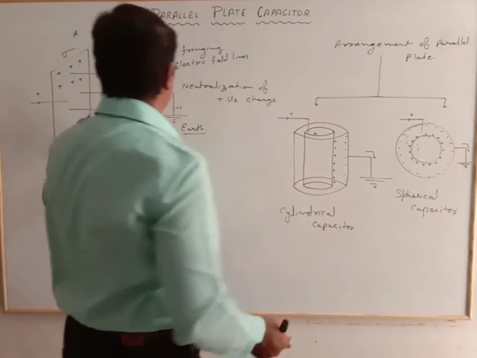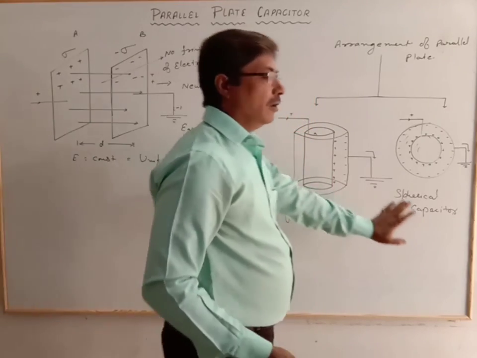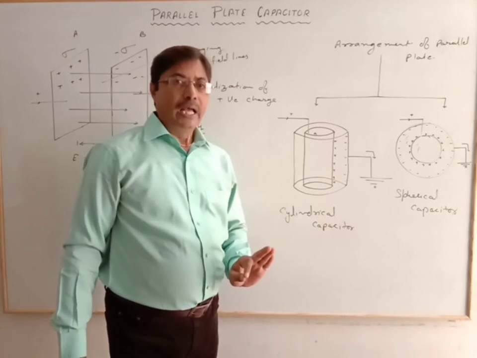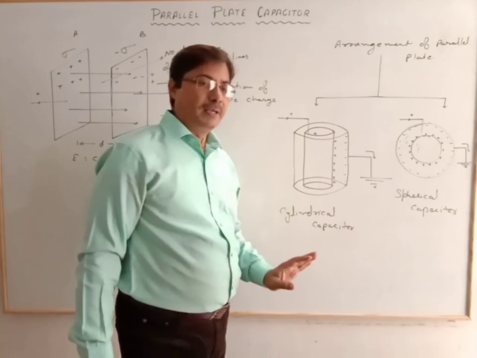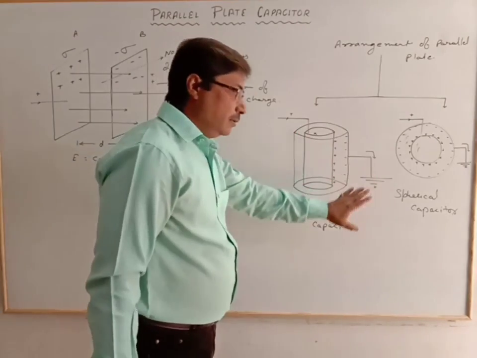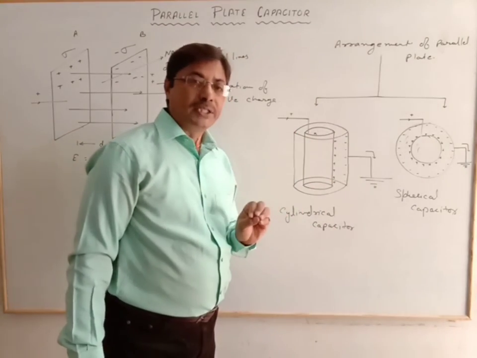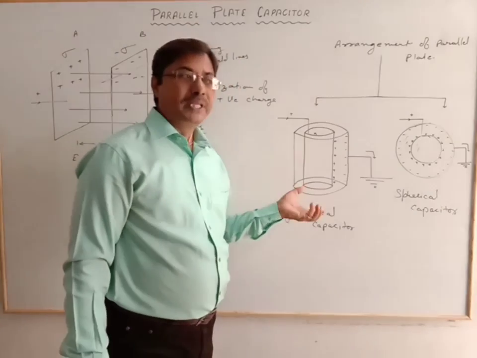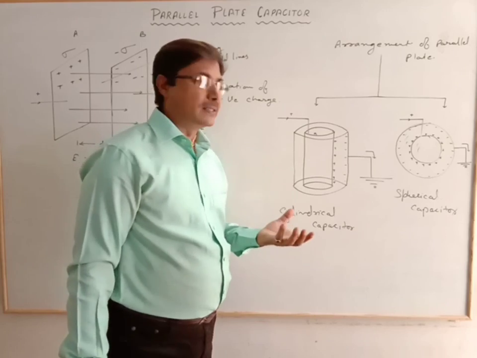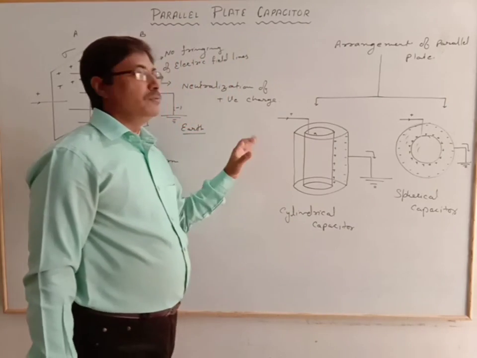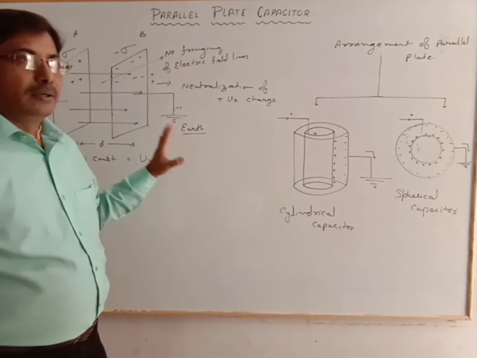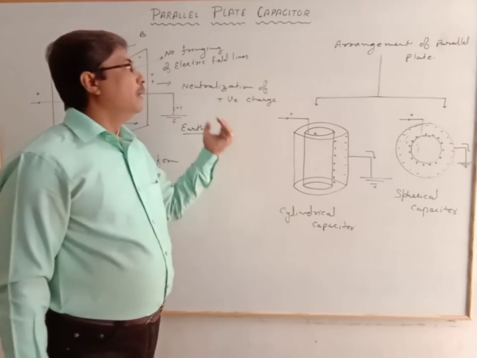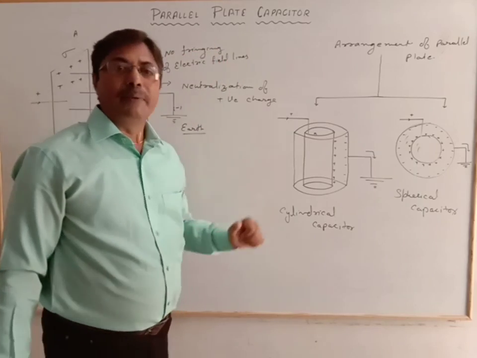Whatever it may be, parallel plate, cylindrical or spherical, all have the same principle, and the purpose is also the same: to store a large quantity of charge, that is, to increase the capacitance. That is the arrangement which we observe here. Next class we will explain the capacitance of the parallel plate capacitor.